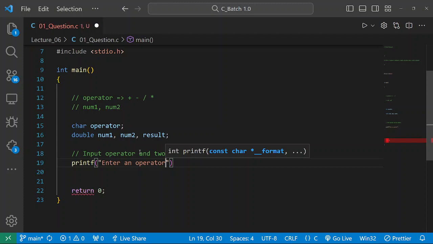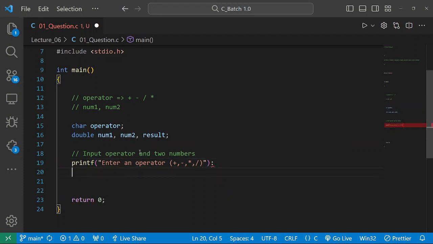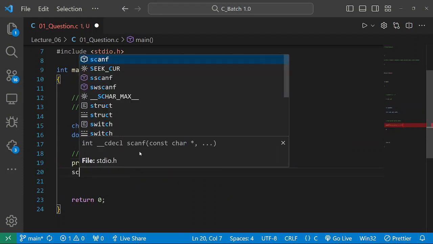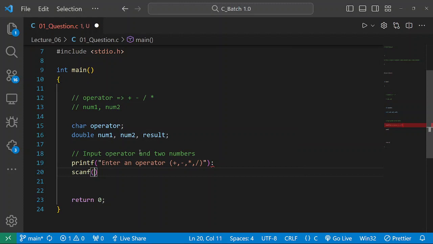I am printing "Enter an operator." I can provide some options to the user, so you can choose any one from it. Then I am going to scan it.